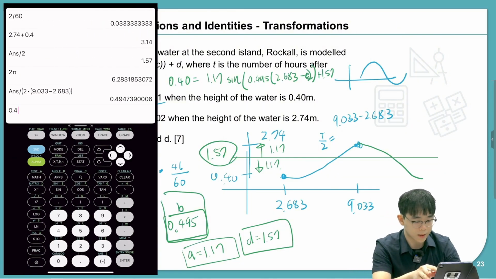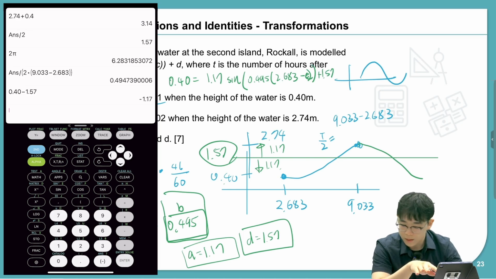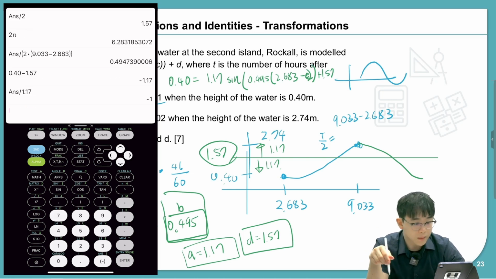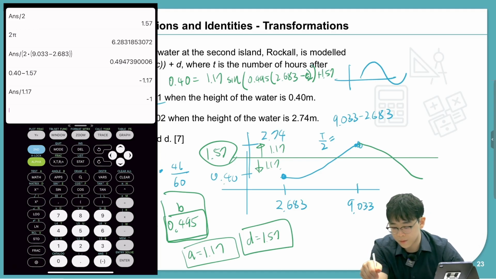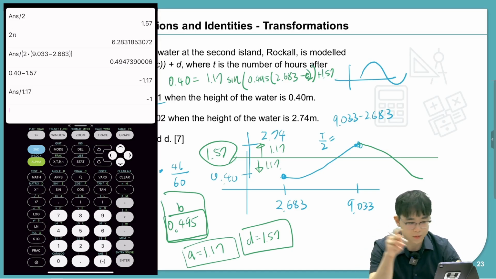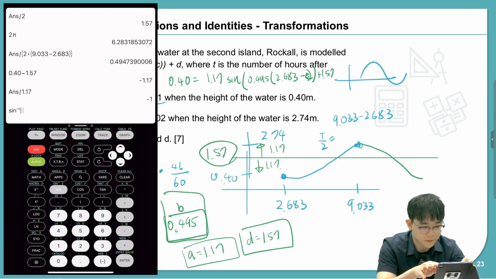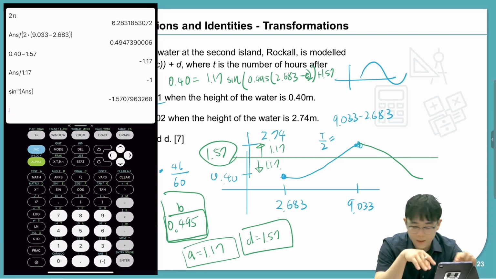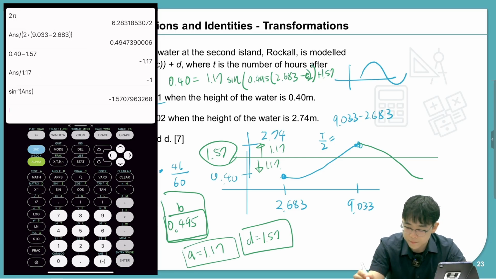So on our calculators, you'd have 0.4 minus 1.57. Then we divide by 1.17. Right. Then what we would have is sine of 0.495 times 2.683 minus c. That's going to equal negative 1. So we'll take the sine inverse of that. So it's negative 1.57. Okay.